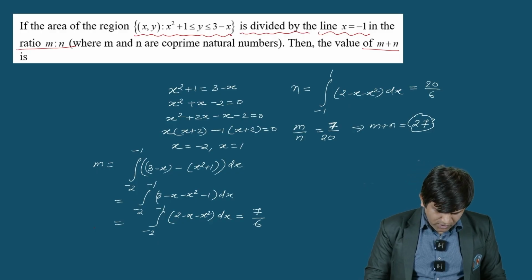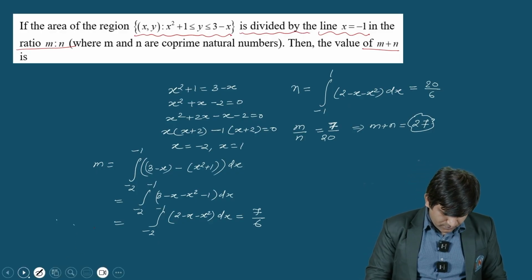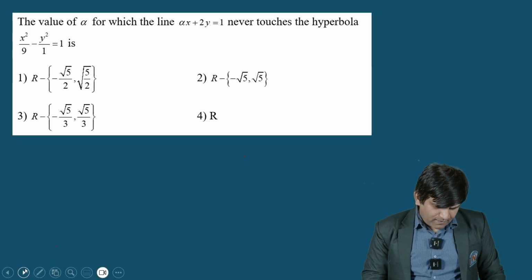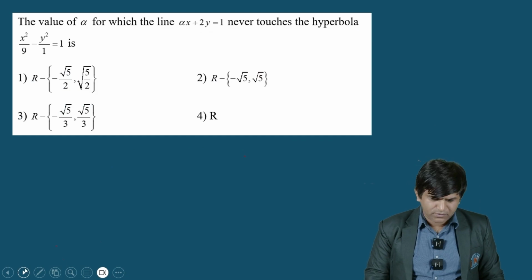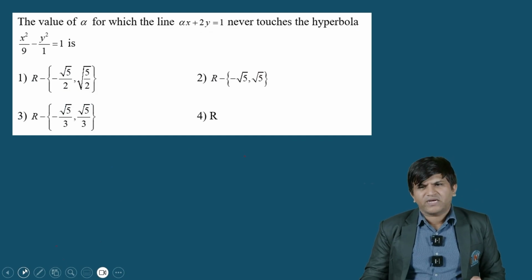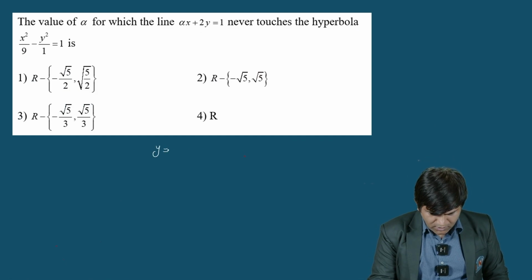So let's move to another problem, which is based on the condition of tangency of a hyperbola. We have the standard result for that. Let's say y equal to mx plus c.